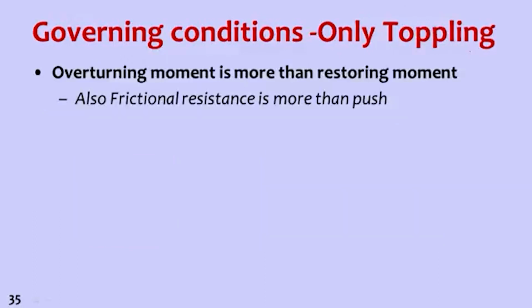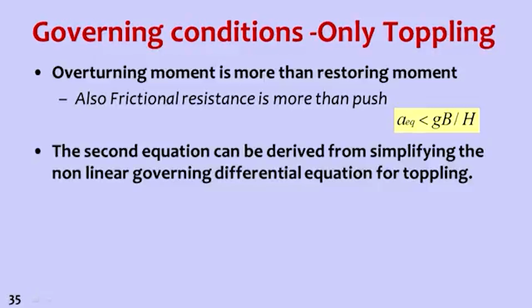And the third one is toppling. In toppling, overturning moment is more than restoring moment. Also frictional resistance is more than push. In that case, peak acceleration A is less than gravity times aspect ratio, b by h. The second equation can be derived by simplifying the nonlinear governing differential equation for toppling.